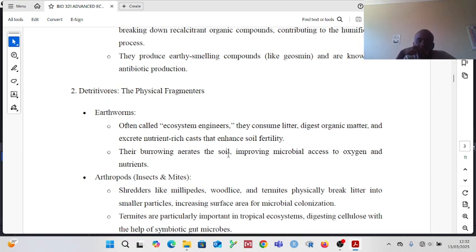So by excreting nutrient-rich components, they end up enhancing soil fertility. The earthworms also burrow inside the soil. As they move, the tunnels they create will enhance aeration in the soil.